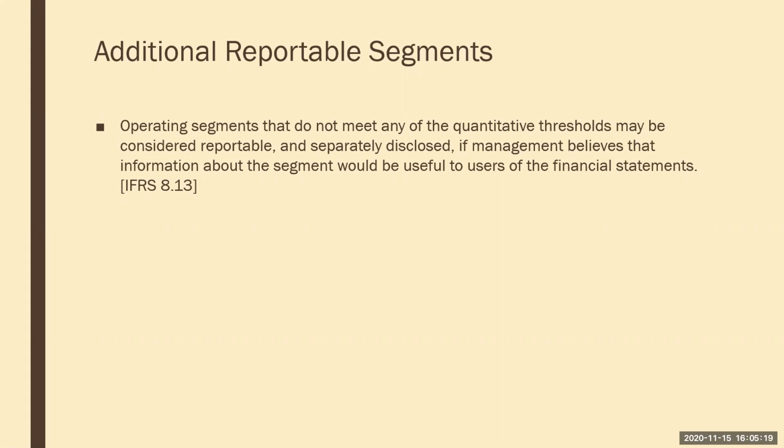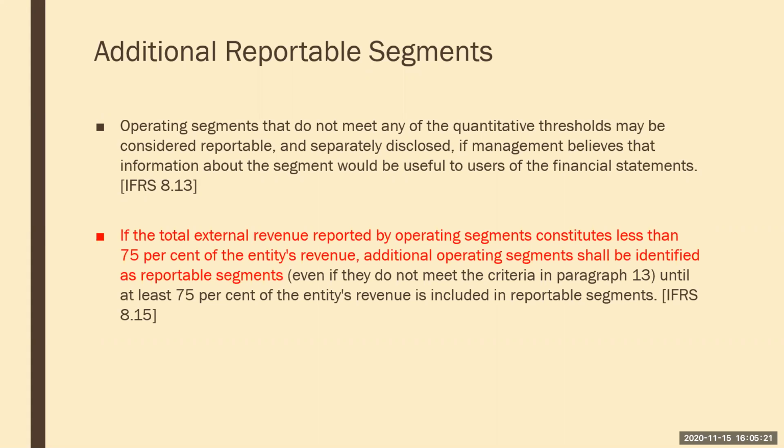And there is an overarching requirement under paragraph 15 that at least 75% of the entity's total revenue has to be separately reported. And if 75% is not reported under the identified segments, then additional segments have to be identified.